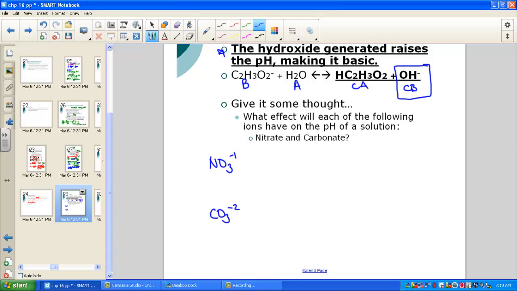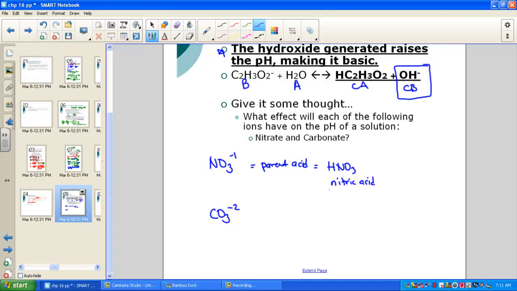Well, of course, nitrate, what is its parent acid? Add the proton back on is what I'm referring to. What is the acid that gave us this conjugate base? So if I add the proton back on, we get HNO3. This we recognize as nitric acid.